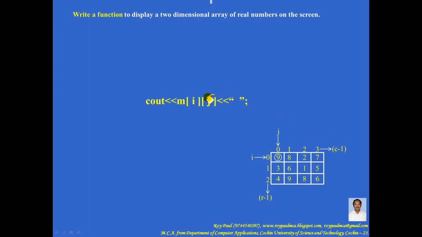So as j varies from 0 to 3, or 0 to c minus 1, I get row i of the two-dimensional array, where i is nothing but 0. So j varies from 0 to c minus 1.